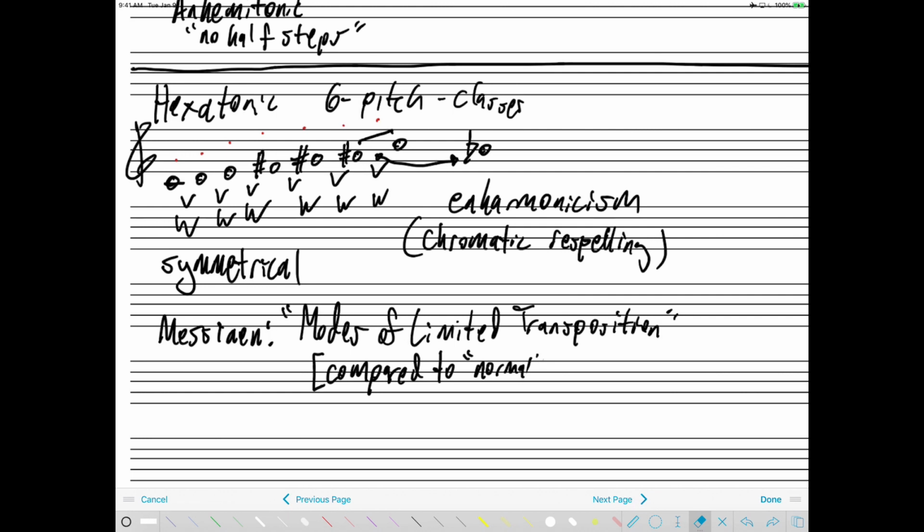I won't say normal. Compared to major mode transformations. So compared to those, these scales are limited.